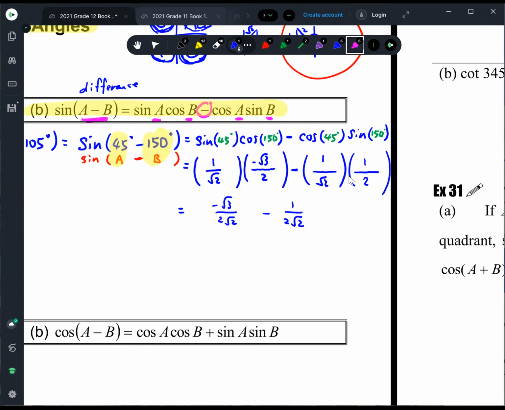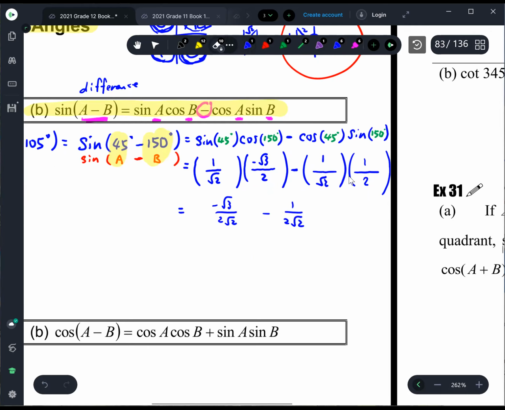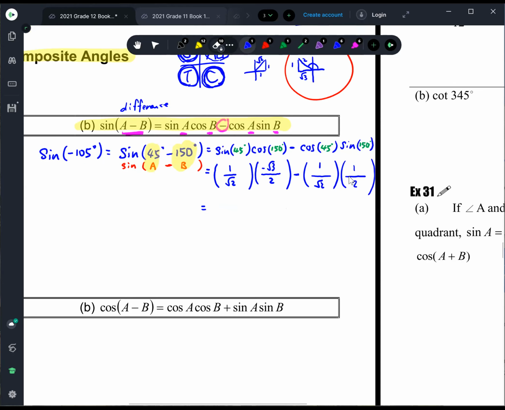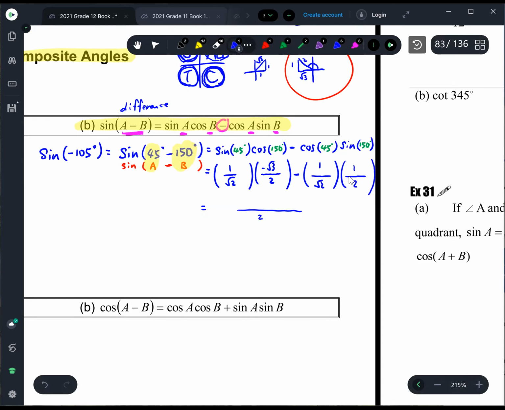They have the same denominator, right? So why don't we just put them together then? We'll just write it out. They have the same denominator, so we'll just write it as one fraction: negative root 3 minus 1, over 2 root 2. But we are not stopping here.